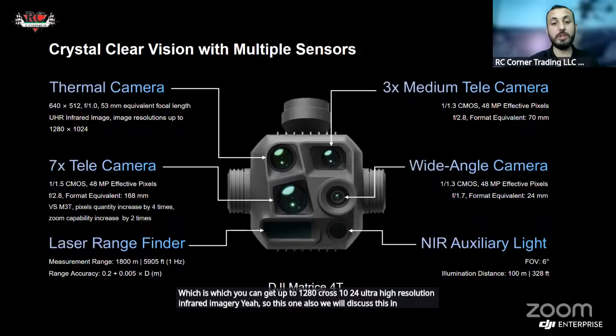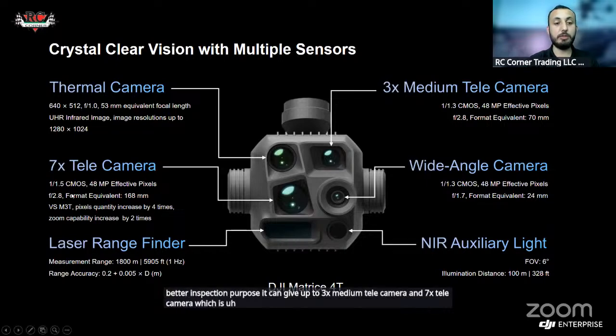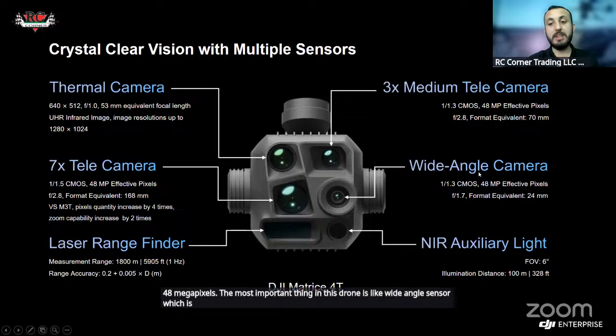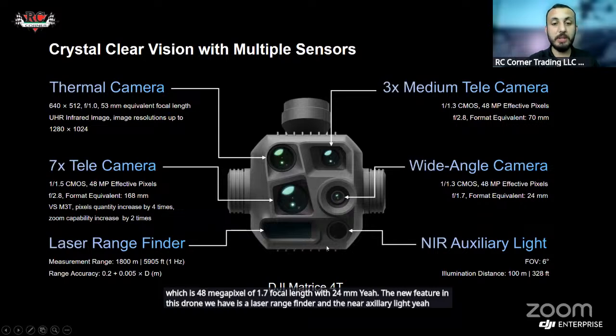It also supports different modes like low resolution and high res mode, and for better inspection purposes, it can give up to a 3x medium tele camera and a 7x tele camera, which is 48 megapixels. The most important thing in this drone is the wide angle sensor, which is 48 megapixel with a 1.7 aperture and 24 mm focal length. Yeah. The new features in this drone are a laser range finder and the near auxiliary light.